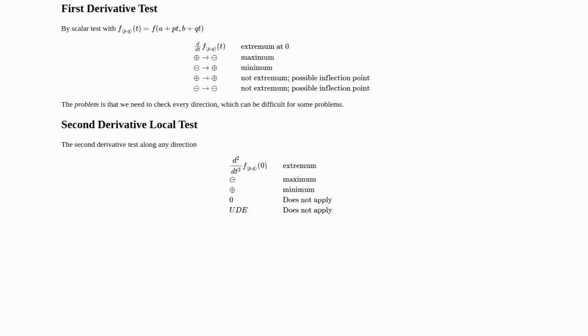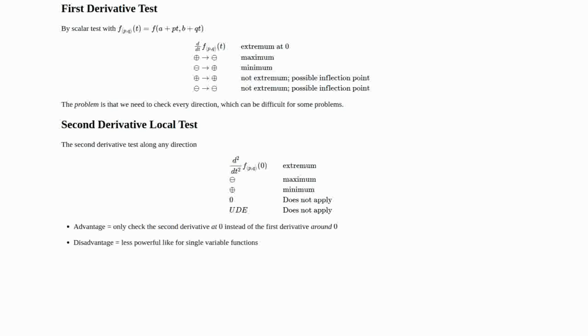So you'd still need to have a critical point, so you'd still need the gradient of f to be 0 at (a, b), and then you form these functions and you look at the concavity in each of these directions. If the second derivative has negative value, then you have downward concavity, and that would mean it's a maximum. If the second derivative at 0 of this function was positive, it would mean you'd have a minimum. If it's 0, it means the test doesn't apply. If it's undefined, it means the test doesn't apply.